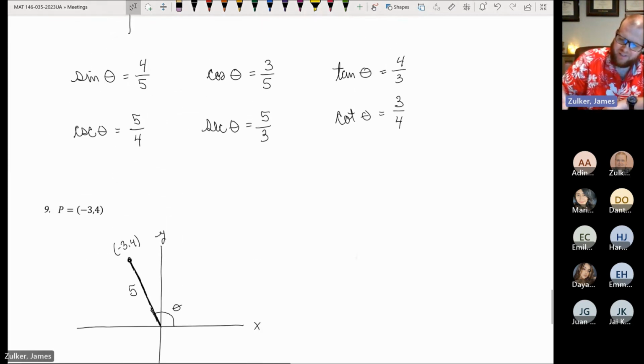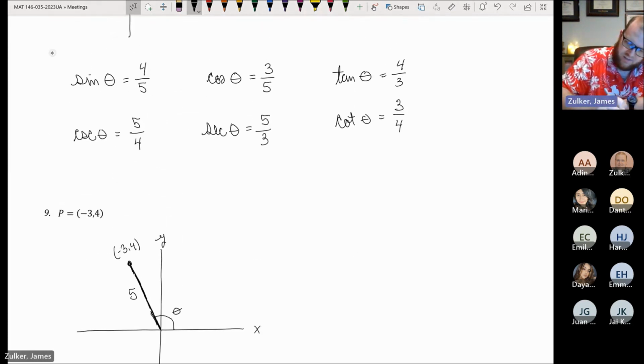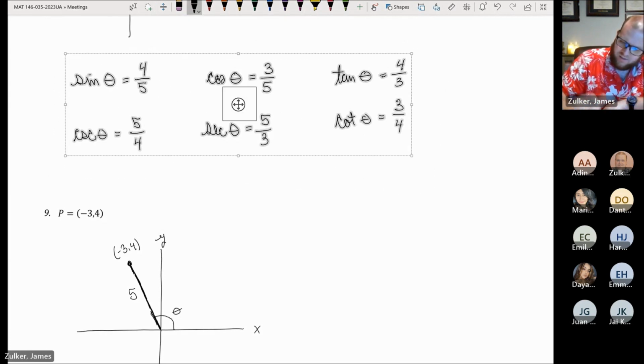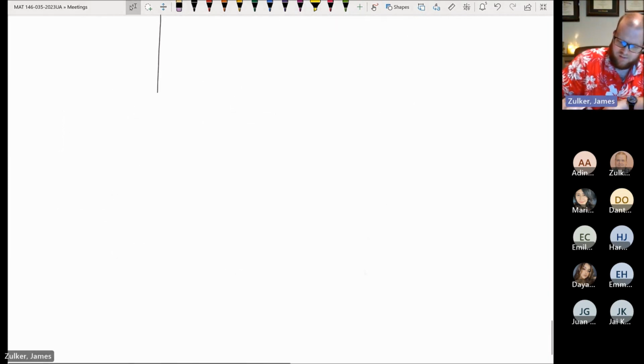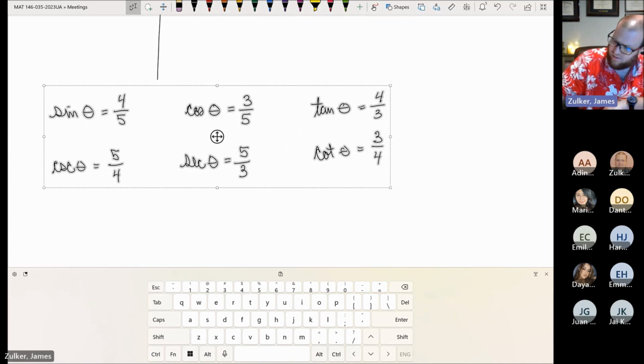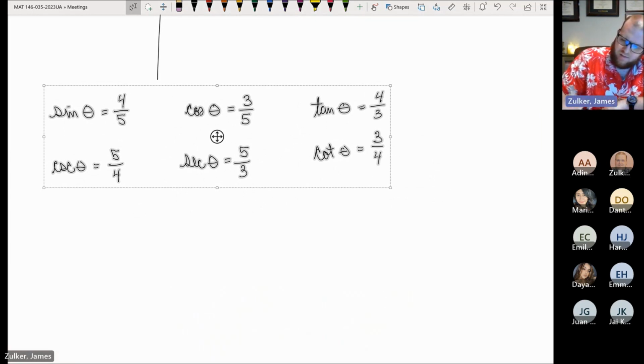And in fact, these values are going to be almost identical.